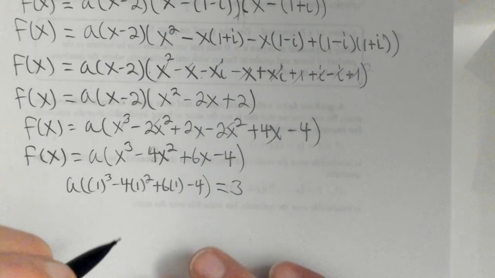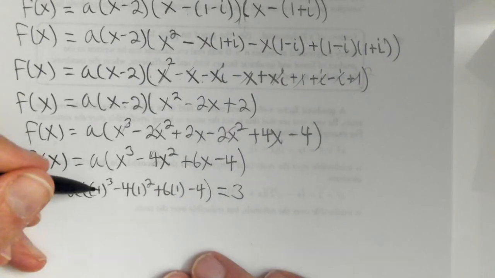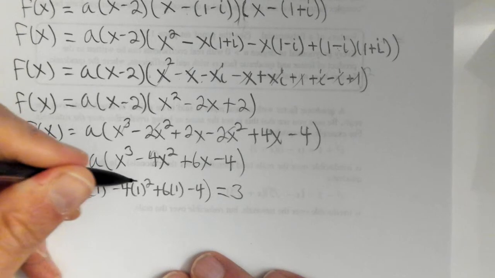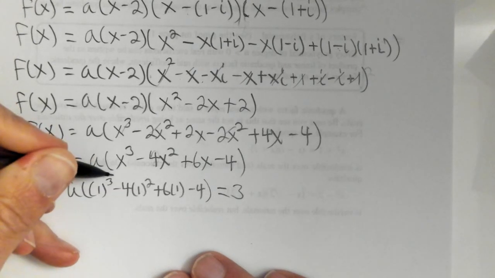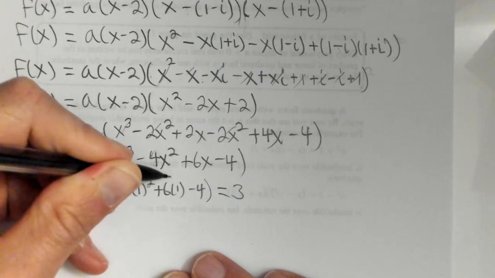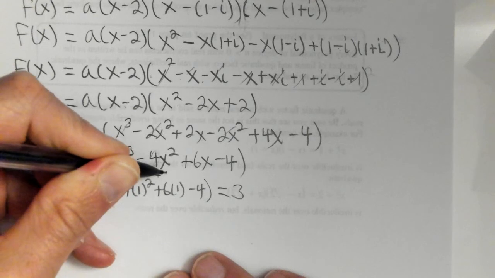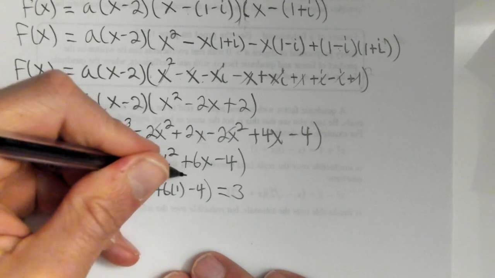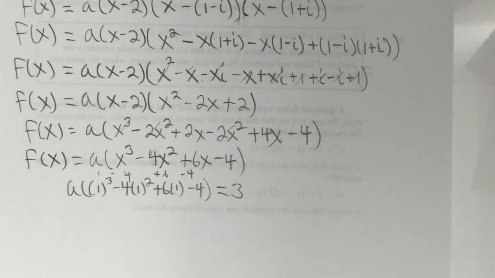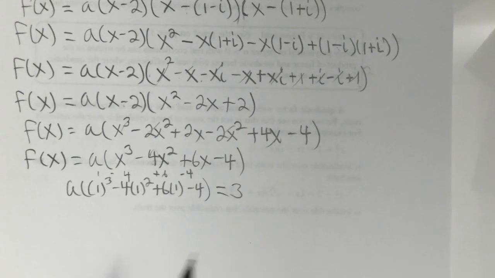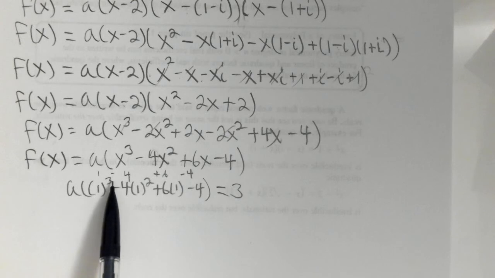And so let's see what we come up with here. So that'd be 1, and then that would be minus 4, and then that would be plus 6, and that would be minus 4. And so let's see what that all turns out to be.